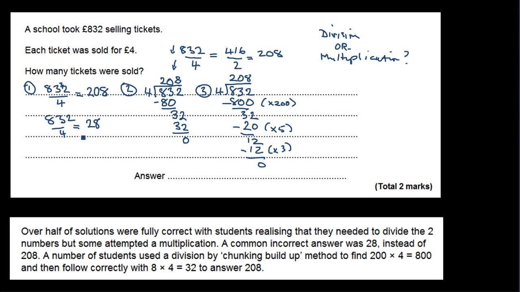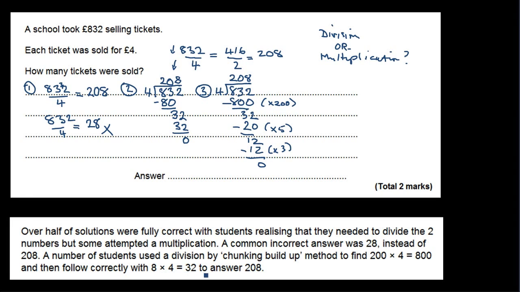It's a misunderstanding of the method that they needed to use here, and perhaps they would have been better using one of these other methods here. So that's a misconception, and that one was wrong. But the good news is that a number of students used a division by chunking up methods, in other words partial quotients, to find, well, first of all 200 times 4, which gave them the 800, just as we did up here.